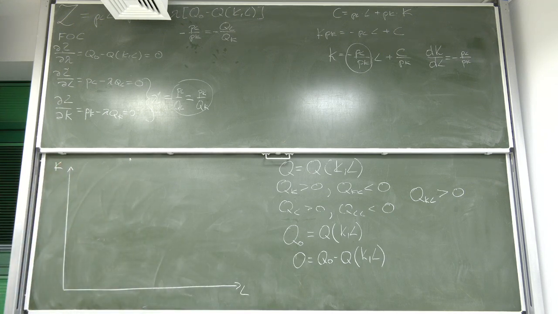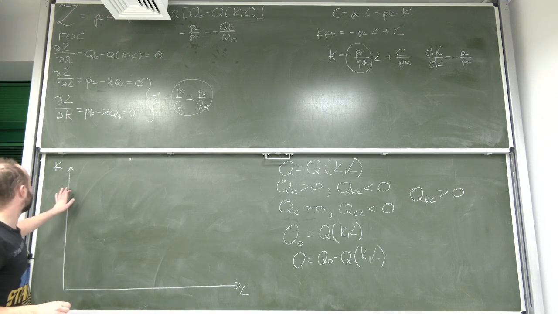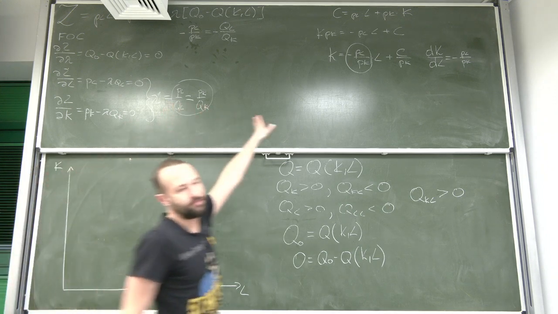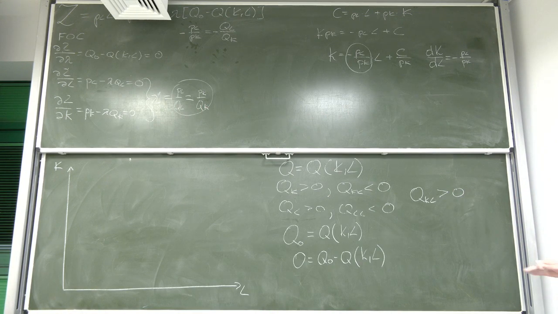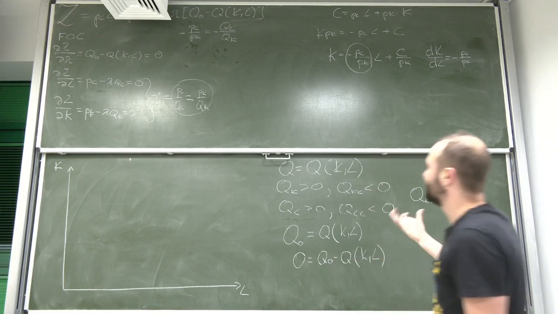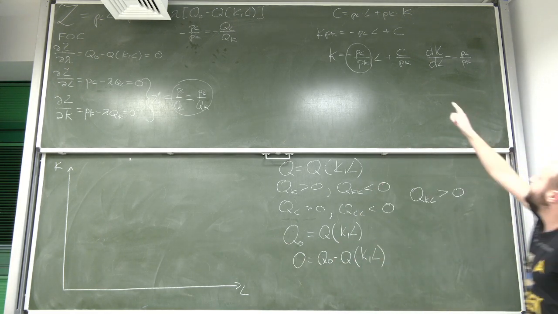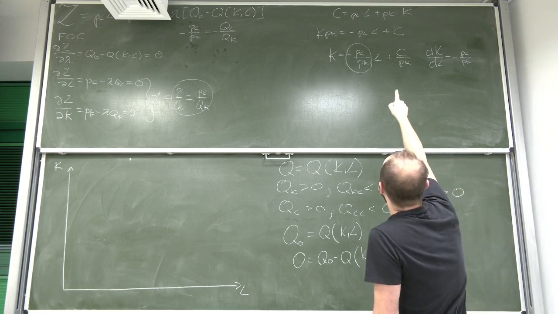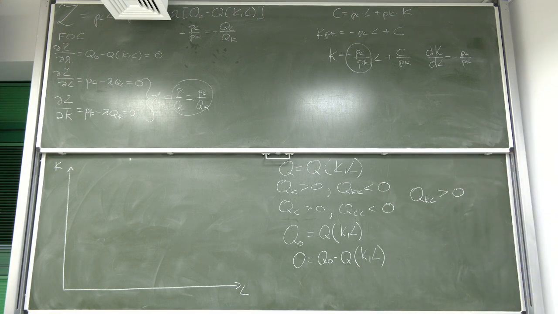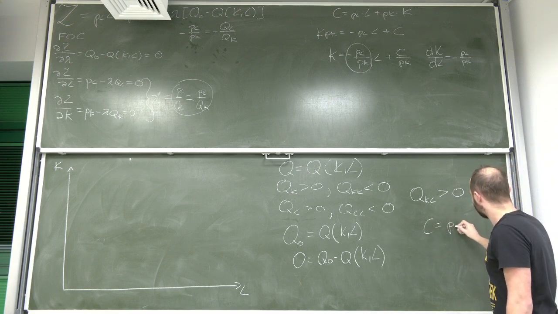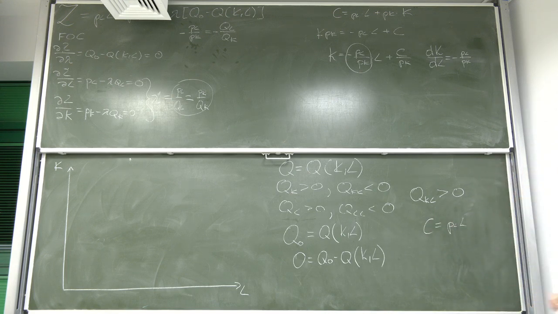So look, we know that this is a straight line, right? It's a linear equation, of course, it's a straight line. Now, in a very similar way, in exactly the same way as we did with the customer's budget, we can clearly see here that if the company would like to spend all the money on labor and hire labor alone, then we would have that C equals PL times L, right?